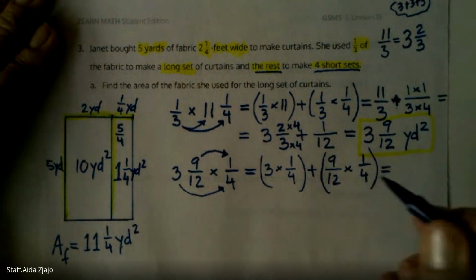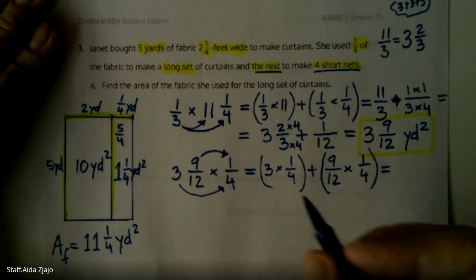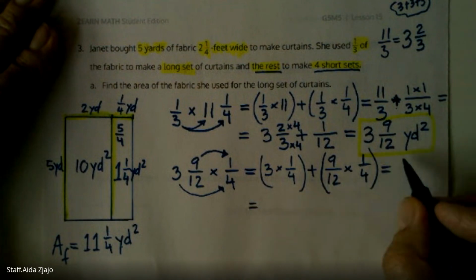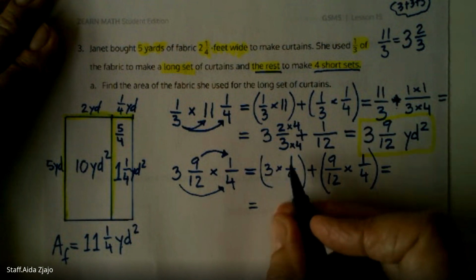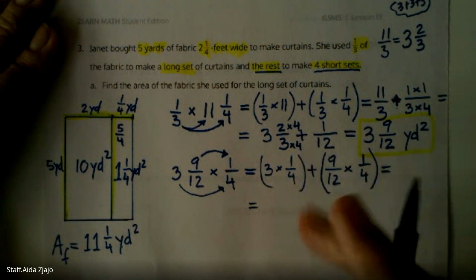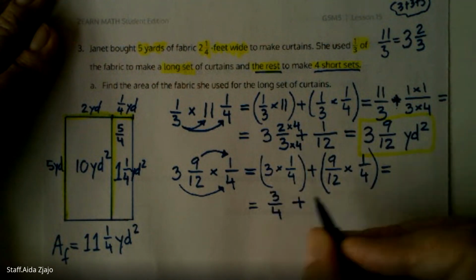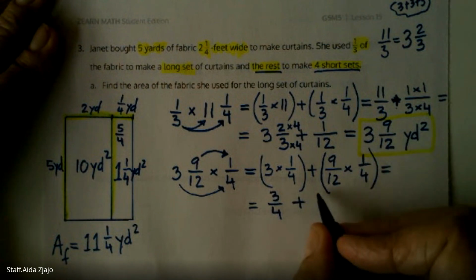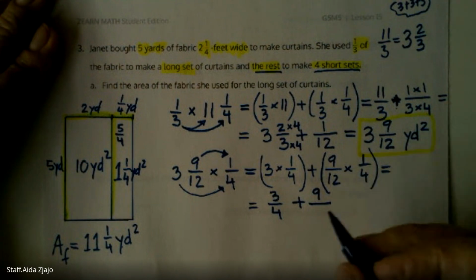That equals 3 times 1/4 is 3/4, plus 9 times 1 is 9, and 12 times 4 is 48.